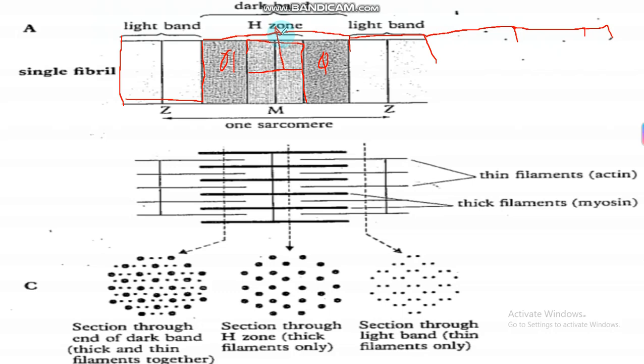Good. Then, in the middle of the H zone, there is a dark line. There is a thick dark line which runs in the middle there. We call it the M line.